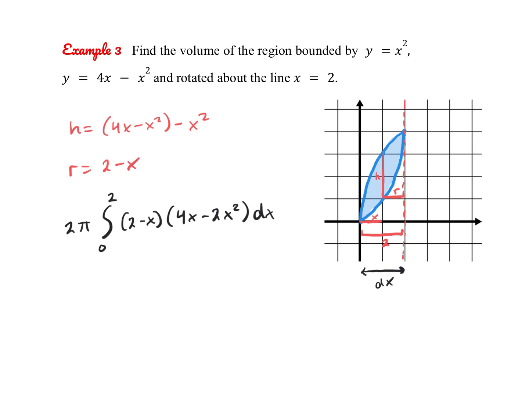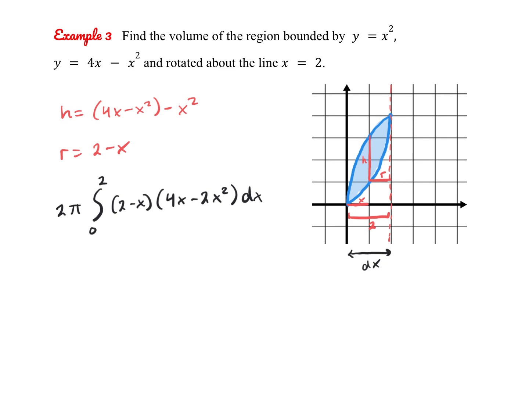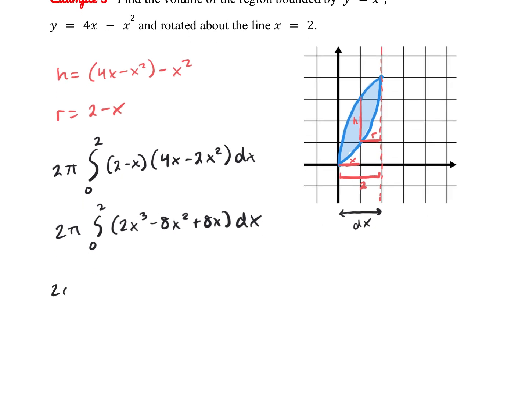Then the rest is just evaluating. So we'll do that real quick. We do need to multiply out your binomials. We have 2x cubed minus 8x squared plus 8x dx. And then we can find our antiderivative.